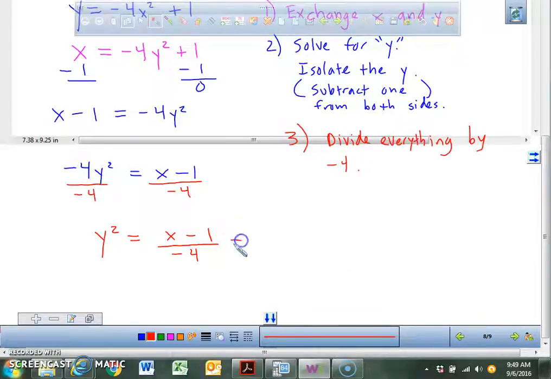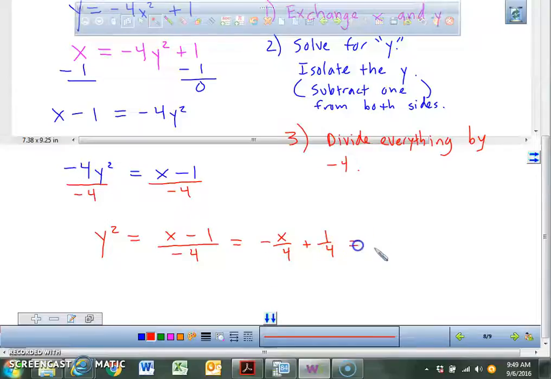All right, so would you also agree, if x is being divided by a negative 4, that would be negative x over 4. And if negative 1 is being divided by a negative 4, that's going to be plus 1/4. Okay?